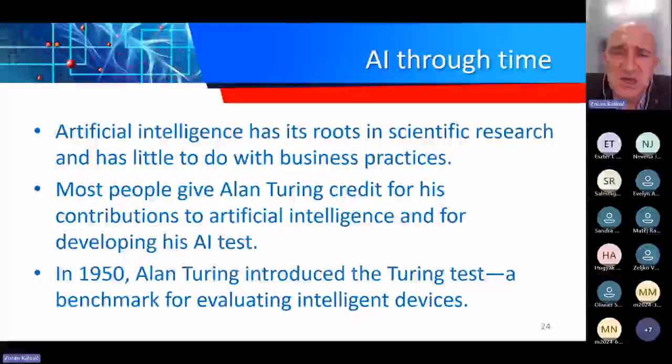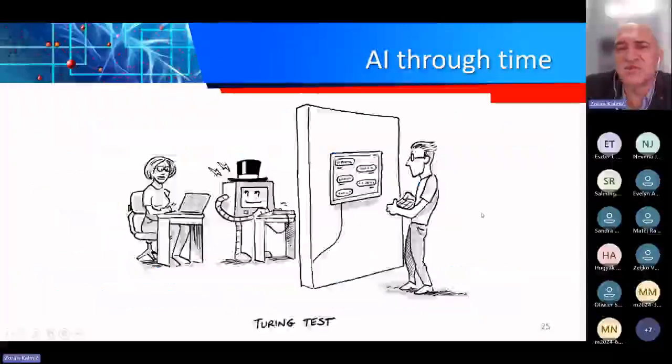But he had many brilliant ideas, and one of them is also the development of the so-called Turing test. He developed this test in 1950, and it is still one of the relevant tests for testing the intelligence of computers or machines.